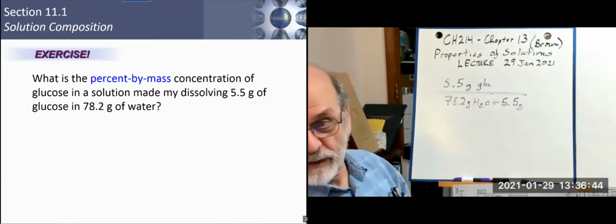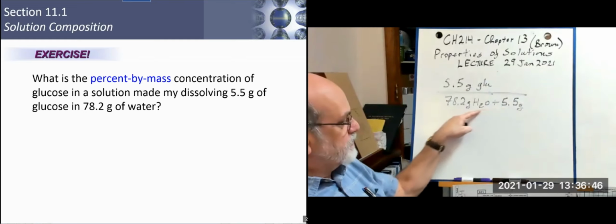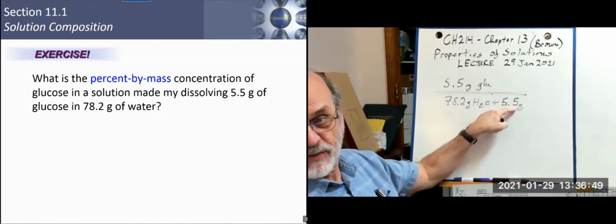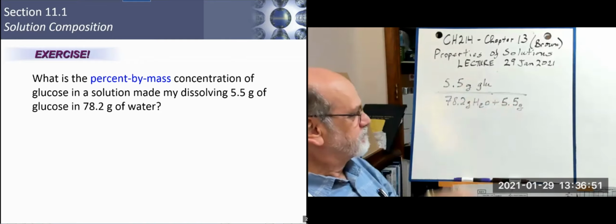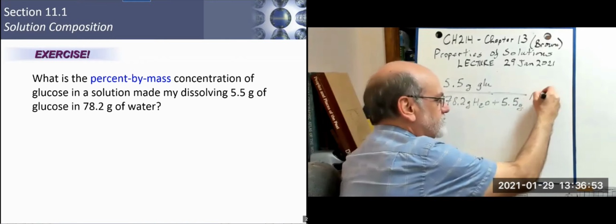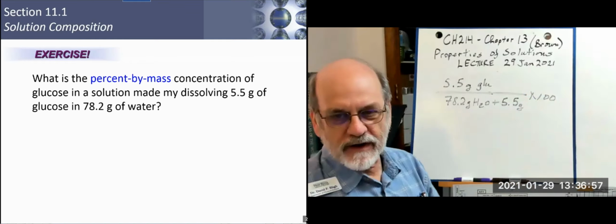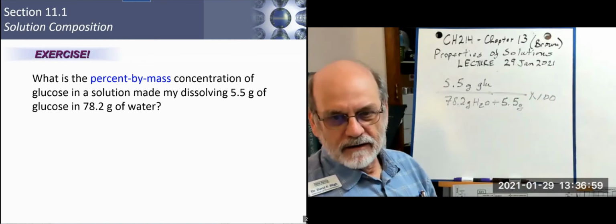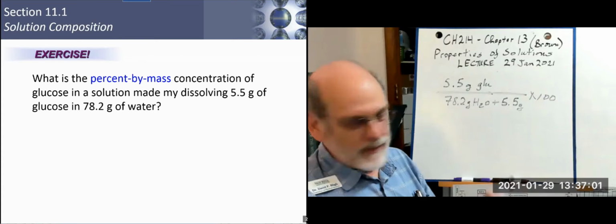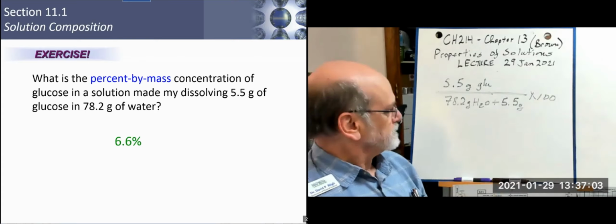Once you put them together, that becomes part of the whole. So don't forget to put that in there also. And then times 100. And rather than calculate that, you should get about 6.6%.